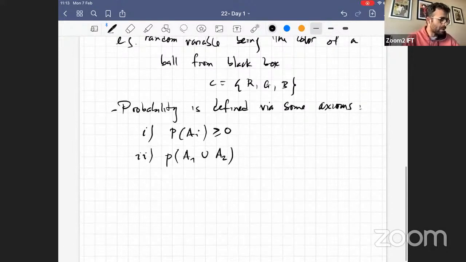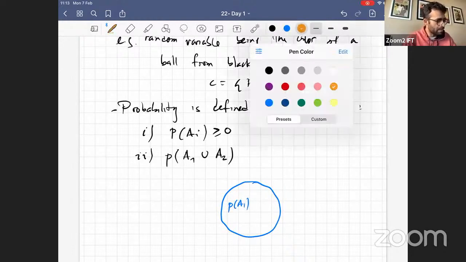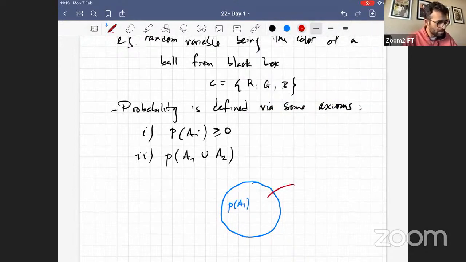So imagine that A1 and A2 are the following. So this is P of A1, and this is, I don't know, let me put another color here. And this is P of A2. And then you have an intercept here, right?